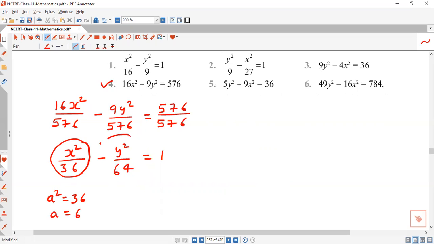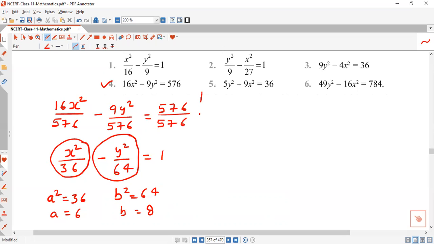This term is negative, so we say b square equal to 64 and b equal to 8. Now b is bigger than a, but in the hyperbola, we always take a square as the positive term, not the negative term. The negative term is always b.